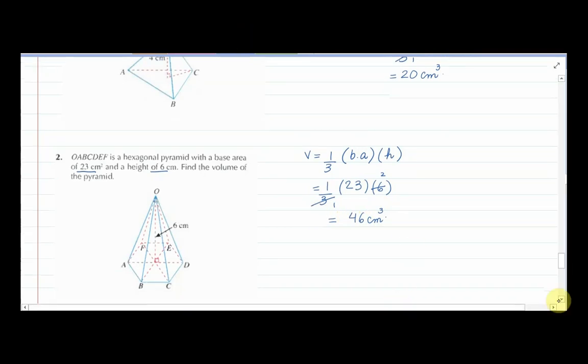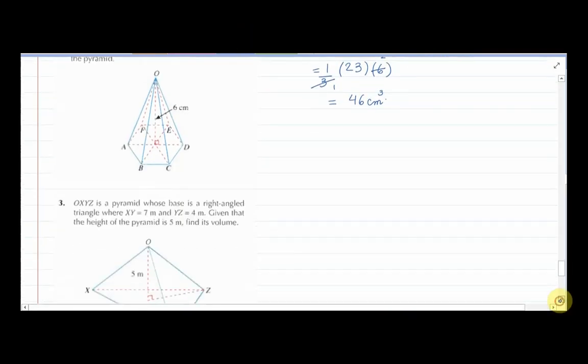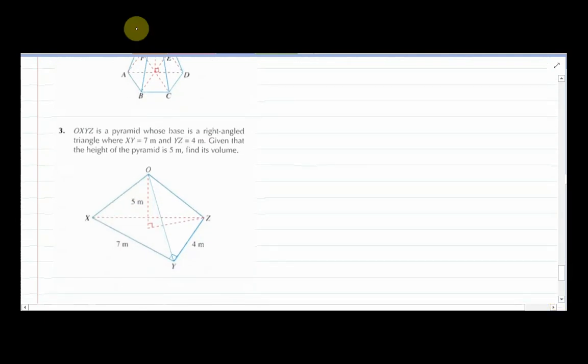So moving on to the next question, that is question number 3. In this question, it is a right angle triangle, right? XY is 7, YZ is 4, height of pyramid is 5, find its volume. Now you can see that the base area is not known, right?